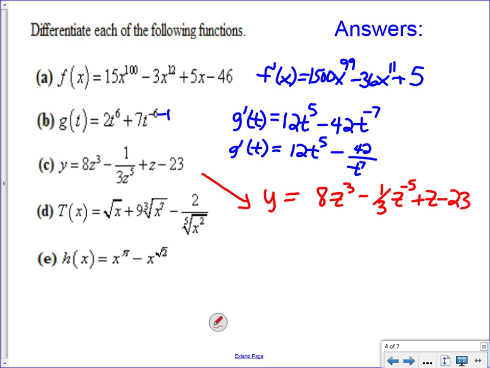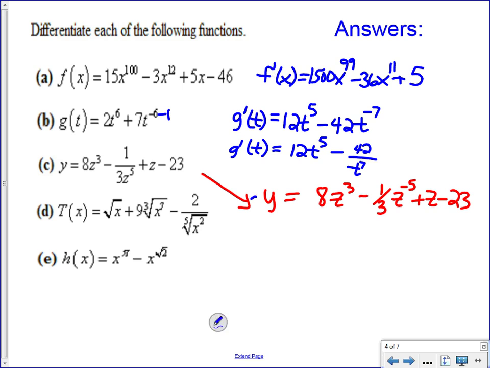So all I'm doing is bringing that z to the 5th from the denominator to the numerator, and that's basically flipping it or finding the reciprocal, and it's going to change the positive exponent to a negative exponent. Okay, so then we can find our derivative and apply our power rule.